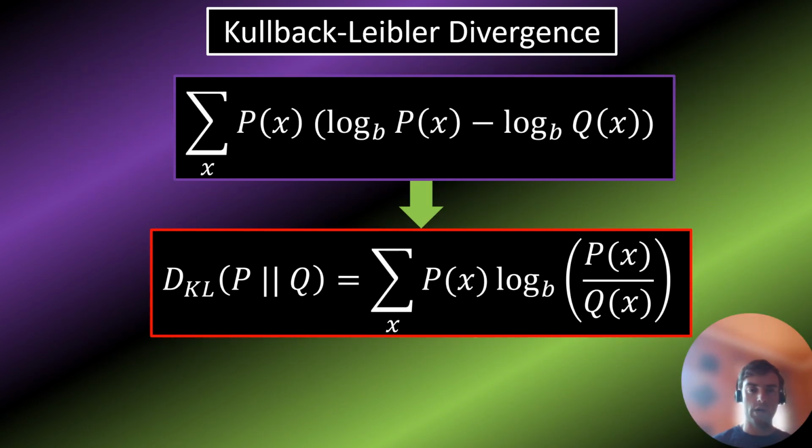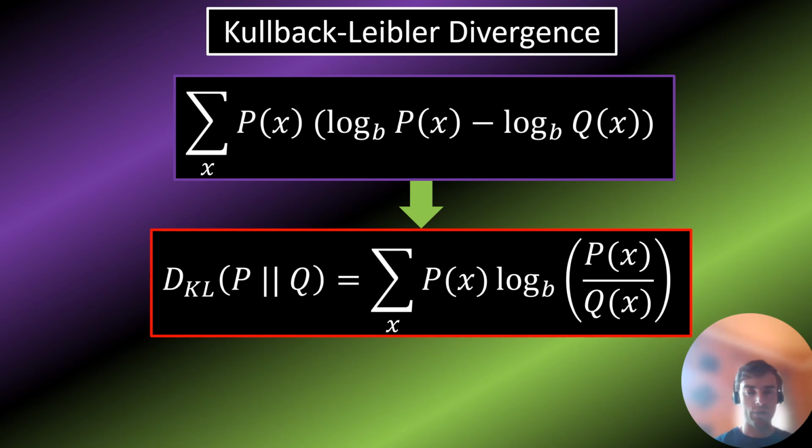And then if you use the property of logs, where subtracting them is equivalent to dividing them in the parentheses, then you get your final formula for Kullback-Leibler divergence, which is dKL p double bar q equal to the sum over x of p of x times log base b of p of x over q of x, where b is the base, that is, what kind of bits you're using.